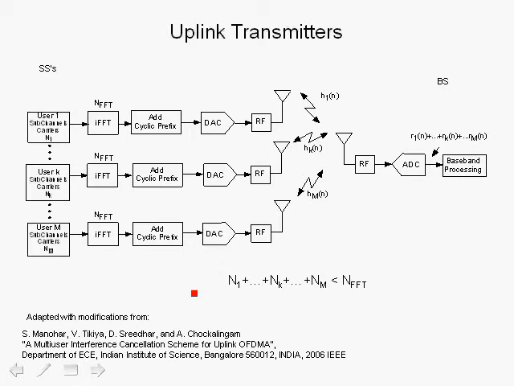Obviously, since every user goes through a different multipath and has a different carrier offset with respect to the base station, it has to have its own unique pilots so that the base station can adjust, track the data, and demodulate correctly for that particular user.